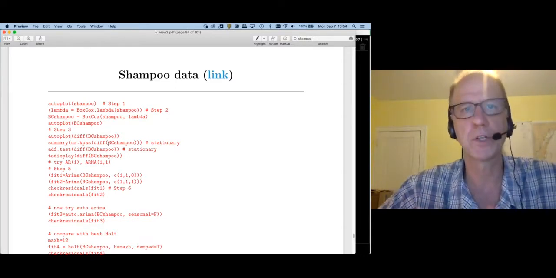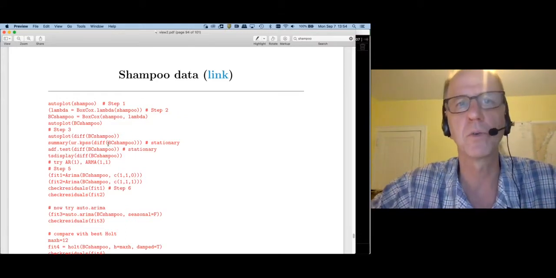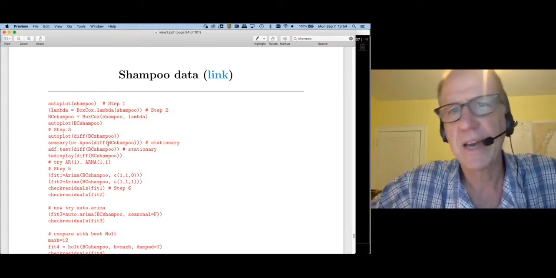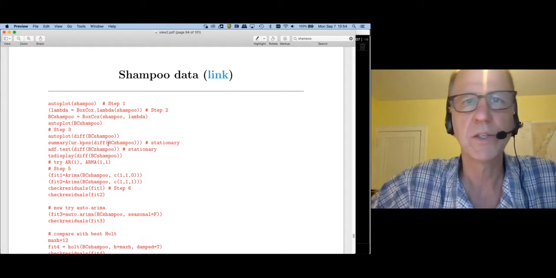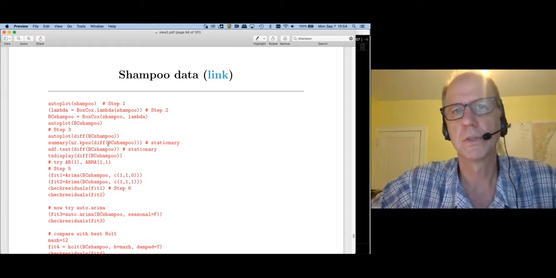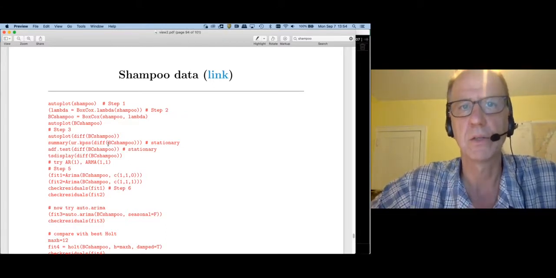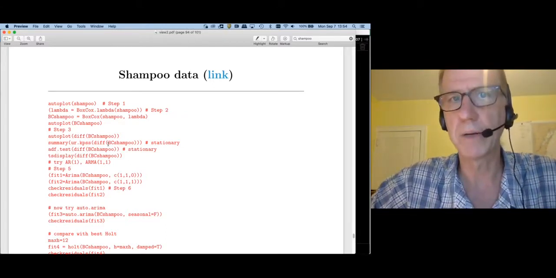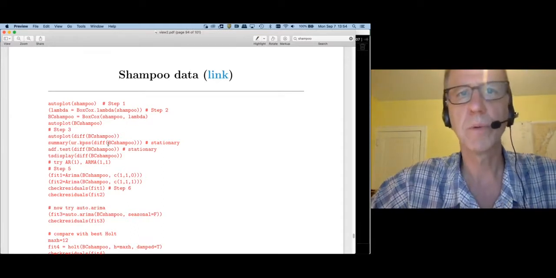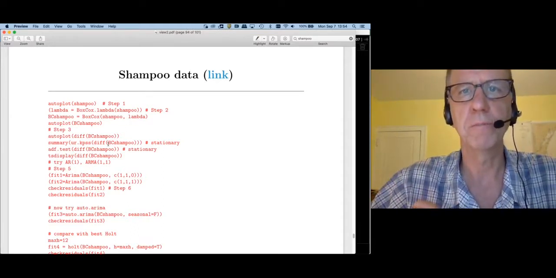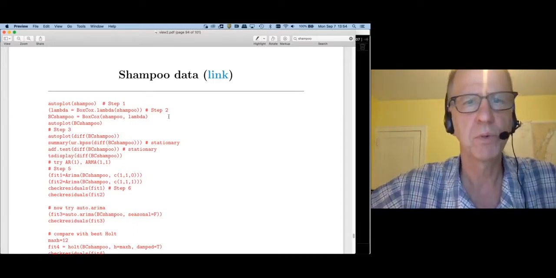It's not like people wash their hair more often in summer than they do in winter. If we were to analyze a category like beer or ice cream, there would be strong seasonal effects, and we would need a model that would capture the seasonality. So either we'd use a Holt-Winters model or a seasonal ARIMA model, which we'll cover in my next video. That's why I'm using this shampoo data set.